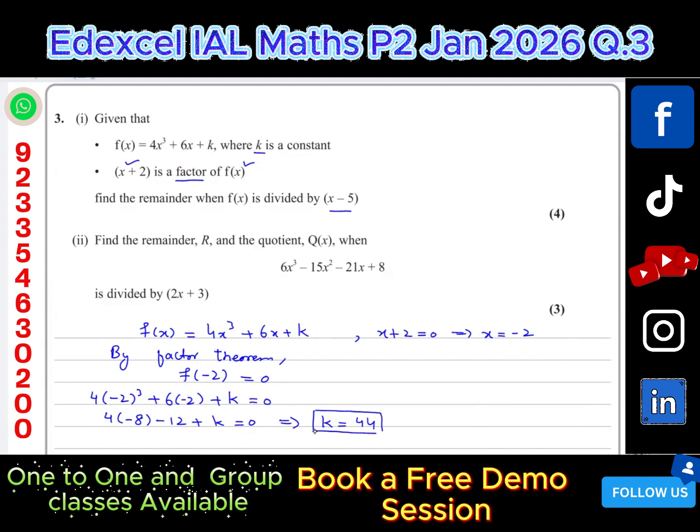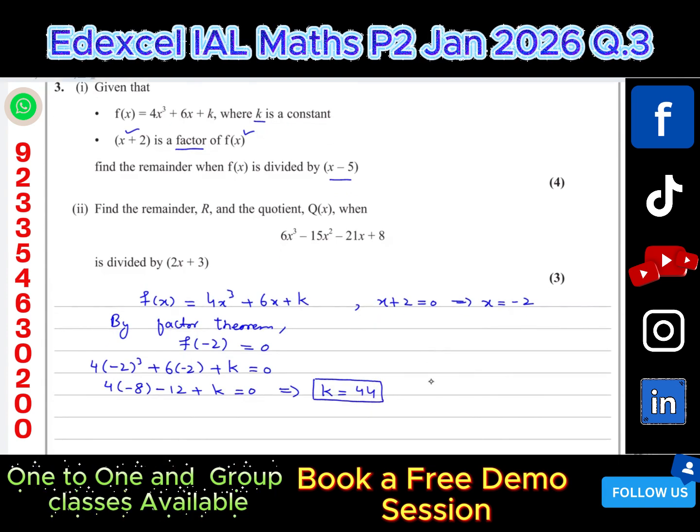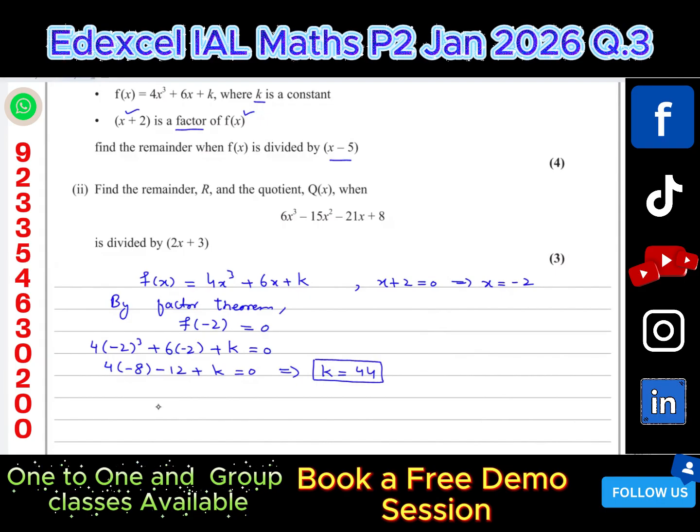This is the value of k in the polynomial. Now put this value in the polynomial. f of x is equal to 4x cubed plus 6x plus the value of k, which is 44. Now this is the polynomial f of x.